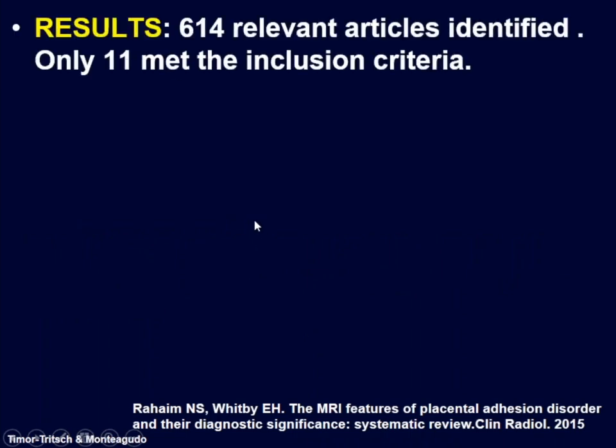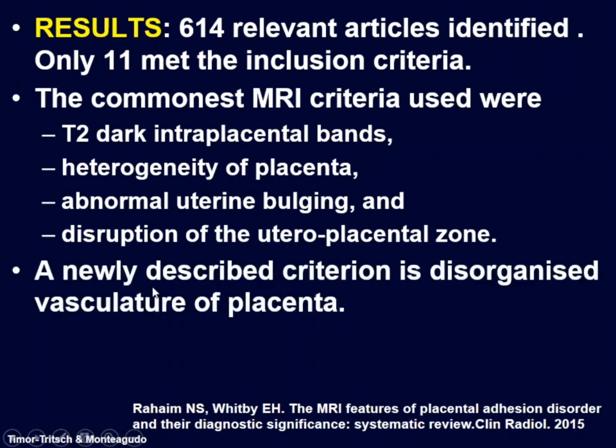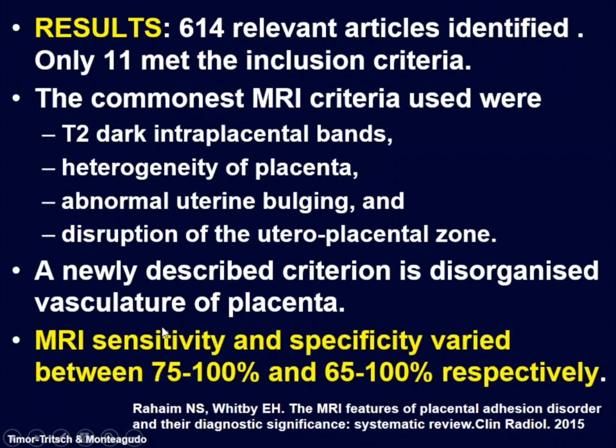They looked at 614 relevant articles and only 11 met their inclusion criteria. The commonest MRI criteria used were the dark intraplacental bands, heterogeneity of the placenta, abnormal uterine bulging, and disruption of the uteroplacental zone. A newly described criterion is disorganized vasculature of the placenta.